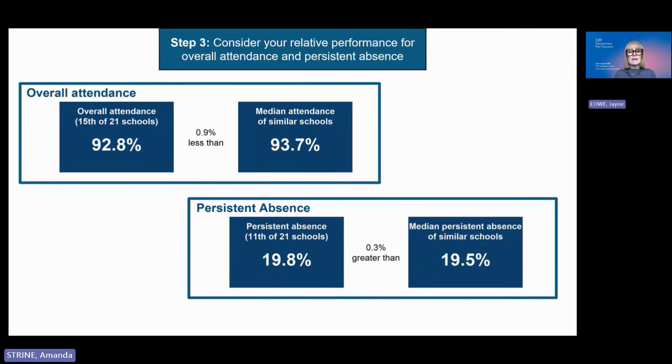You can see in this example that this school's overall attendance is just under 1% from the median of similar schools, and its persistent absence is slightly above similar schools. Taking note of this is a really useful reference point to come back to when you look to consider the routes of support that are available to you.